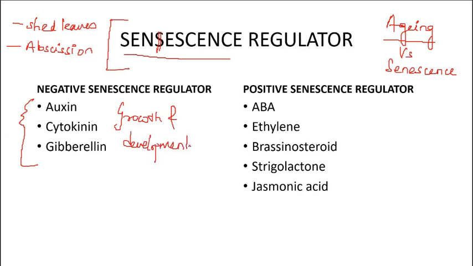But senescence can happen at any stage of the plant's life cycle. When they have to cope with any kind of stress, they show senescence. But aging is when they attain a particular age only, then this happens, and they cannot be saved. The plant dies after a particular age.